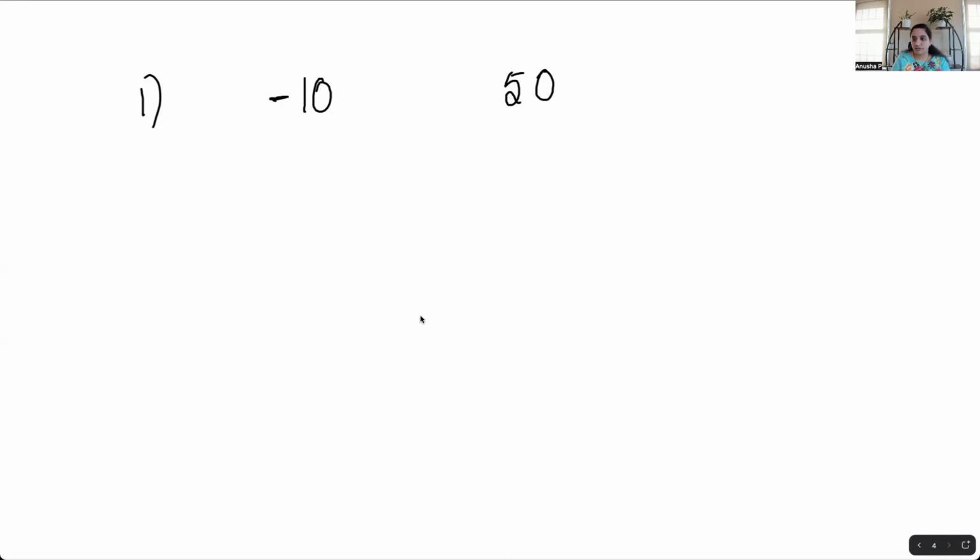All positive numbers are bigger when compared to negative numbers. And you have to know how to use the sign. The alligator should open its bigger mouth towards the 50. So -10 is less when compared to 50, and 50 is a bigger number.